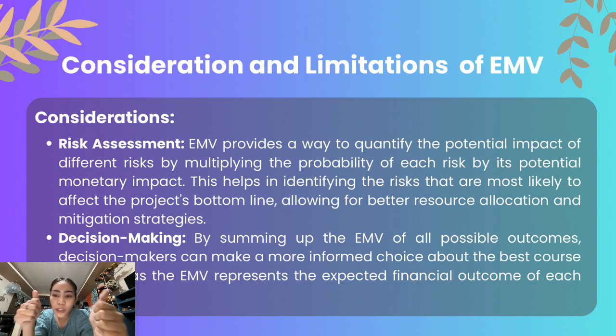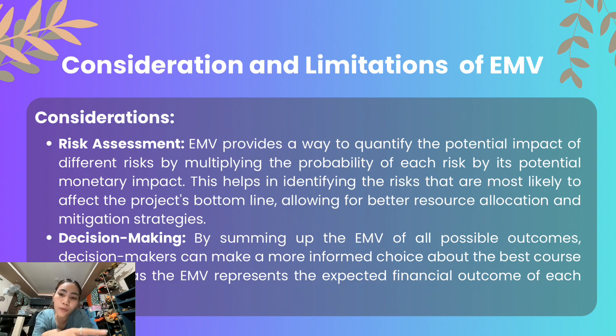The EMV for 20% times 100,000 loss would be negative 20,000, while 80% times negative 10,000 would be negative 8,000. Although risk B is more likely, risk A has a higher EMV loss. So you should focus more on mitigating risk A.